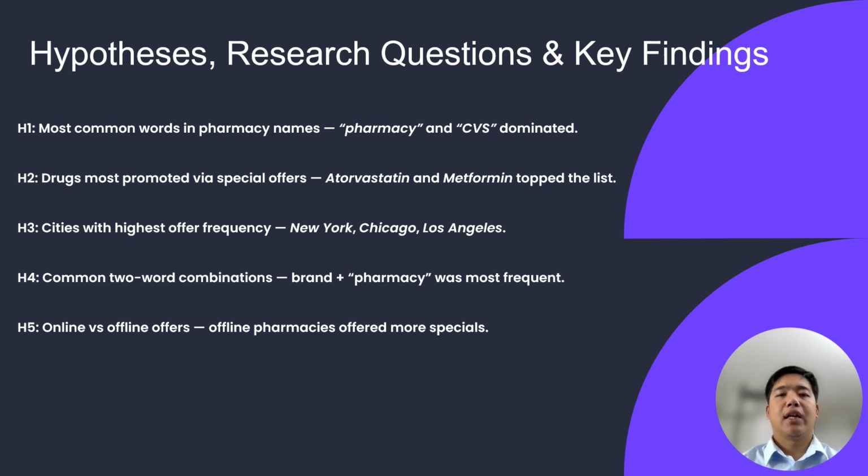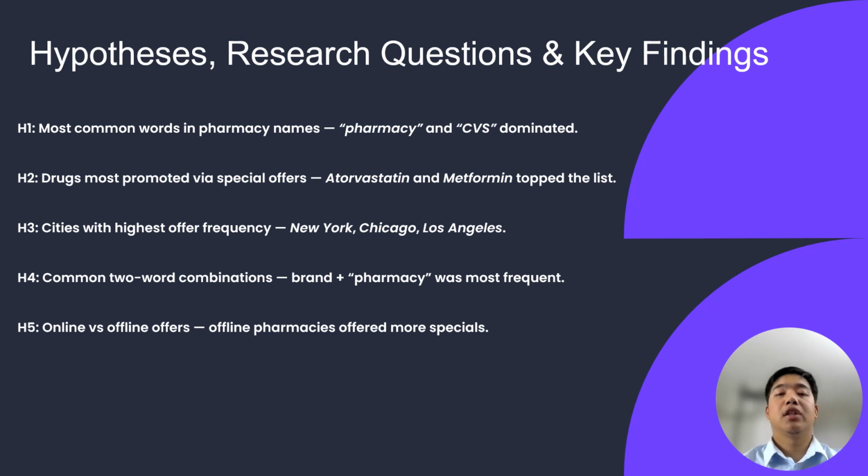For the second hypothesis, I identified which drugs had the highest number of special offers. As per my result, I found atorvastatin, a cholesterol-lowering drug, and metformin for diabetes were at the top, which might be likely due to their high demand and generic availability.